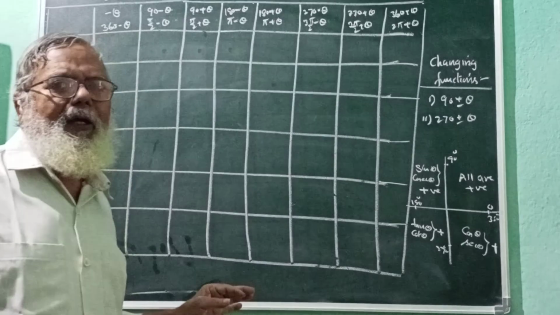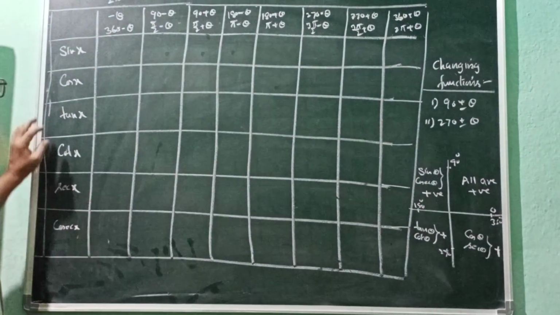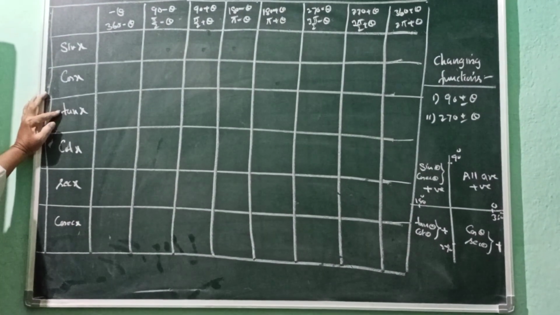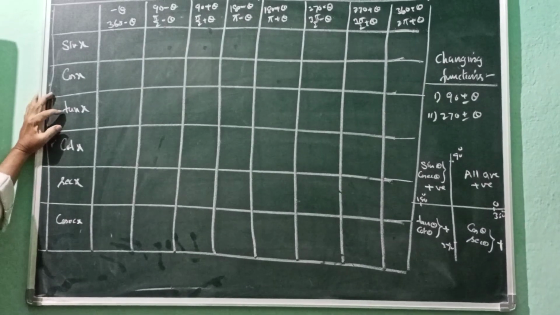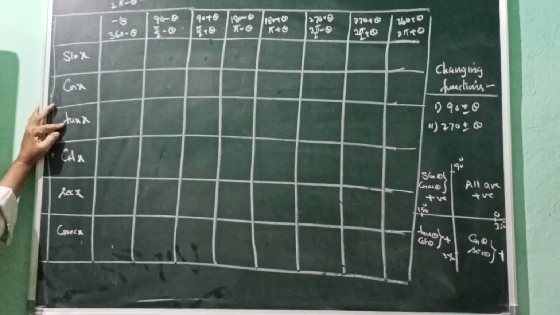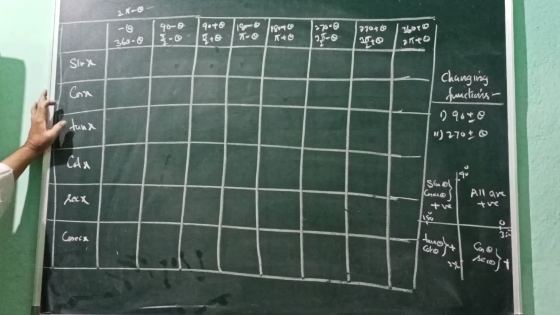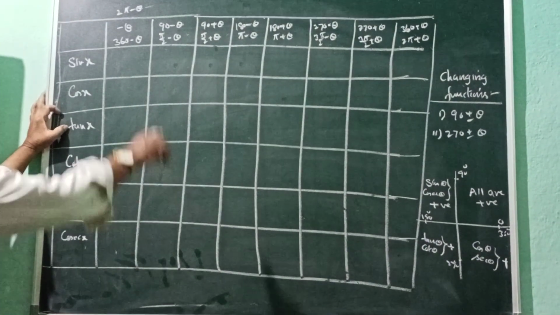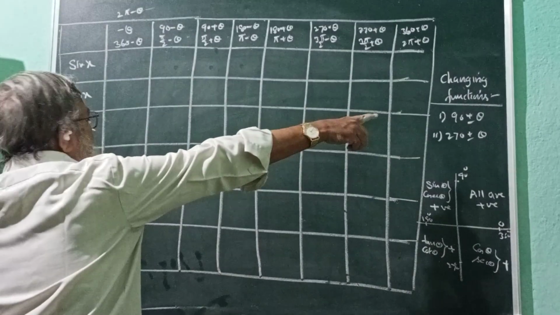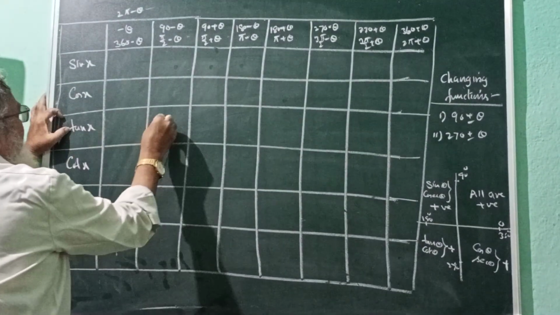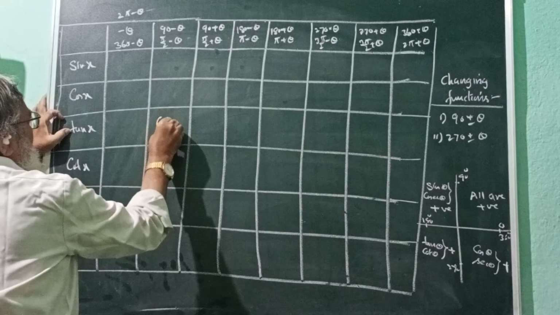For example, suppose we are writing what is the value of tan 90 minus theta. Tan 90 minus theta means here it is tan. Whenever we say that it is a changing angle, the value of tan will become cot theta.